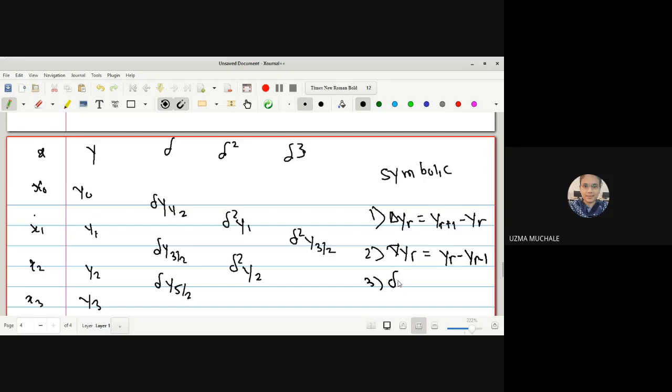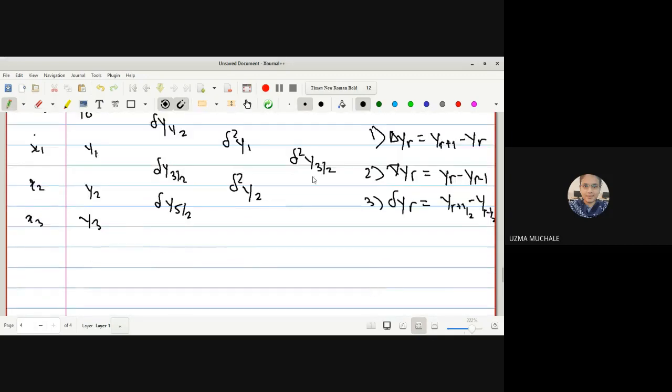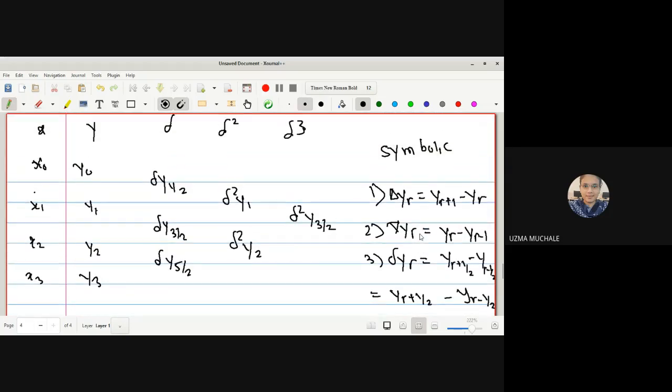Third one is the central difference operator, delta YR is equal to Y R plus 1 by 2 minus YR minus 1 by 2. This is YR plus 1 by 2 minus YR minus 1 by 2. Write the table, write the differences between these two. Okay, YR plus half minus YR minus half. I have written these all in terms of YR only.